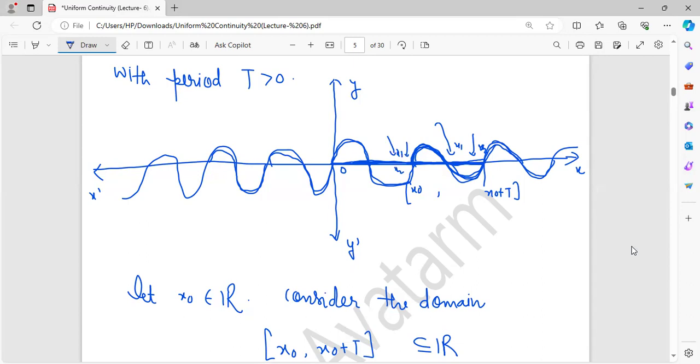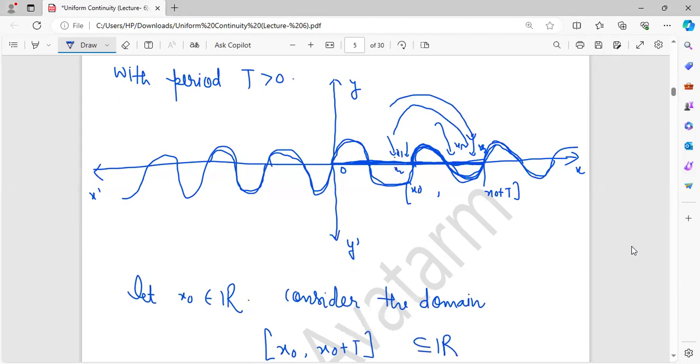You can consider the same point here, because the function is periodic.